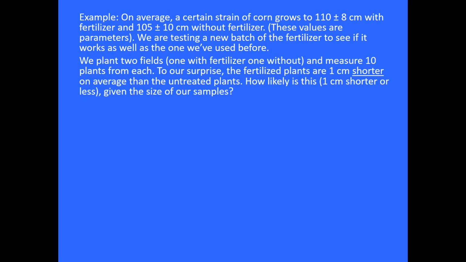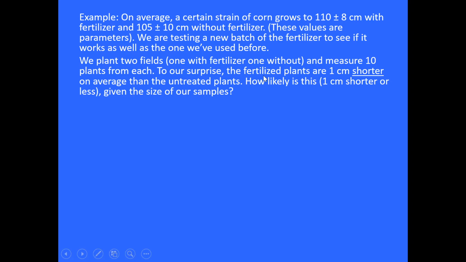So we plant two fields, one with fertilizer and one without. From each of the fields, we collect 10 plants and take measures of them. So we do that. But whoa, what's going on? For some reason, this year, maybe the fertilizer is not working. That's what we want to know. Or maybe somebody switched out the fertilizer with distilled water.